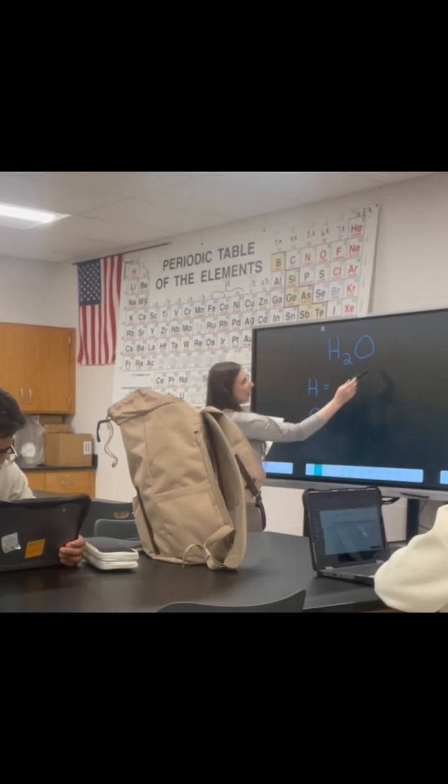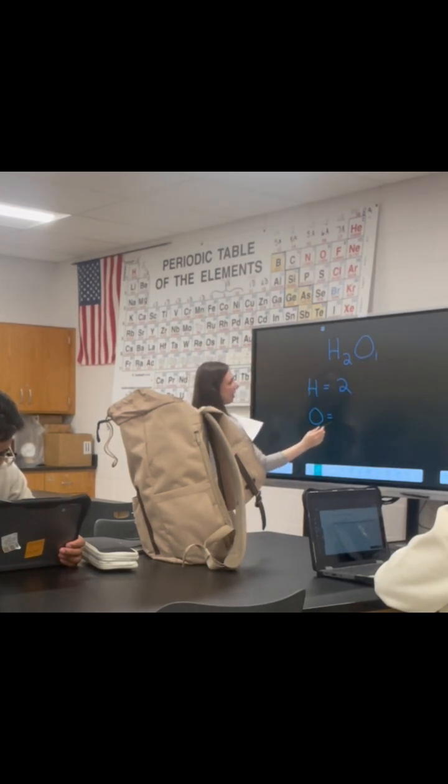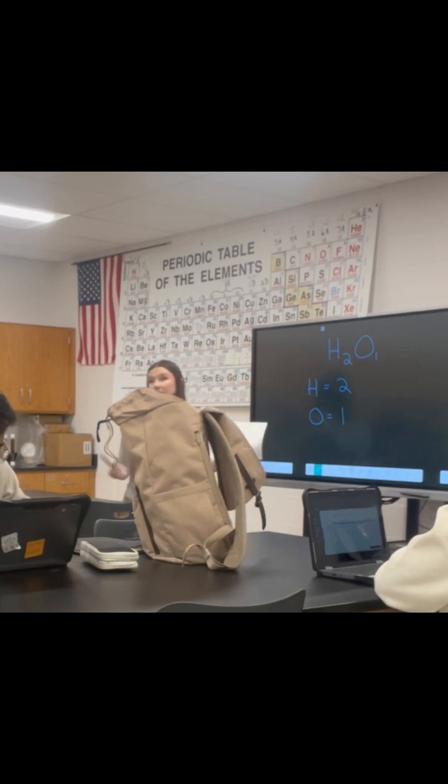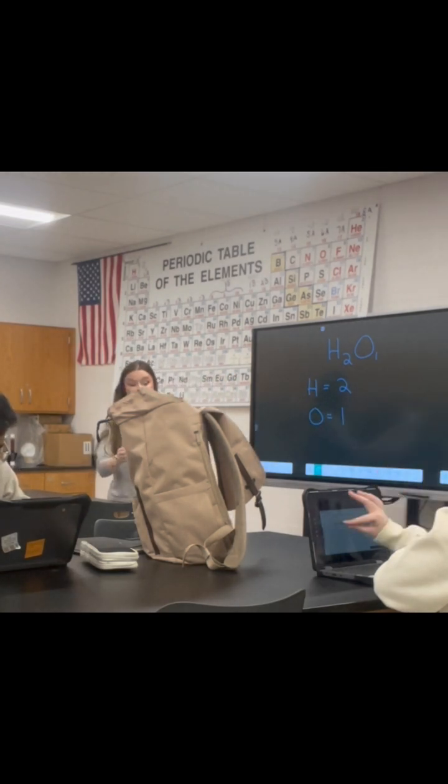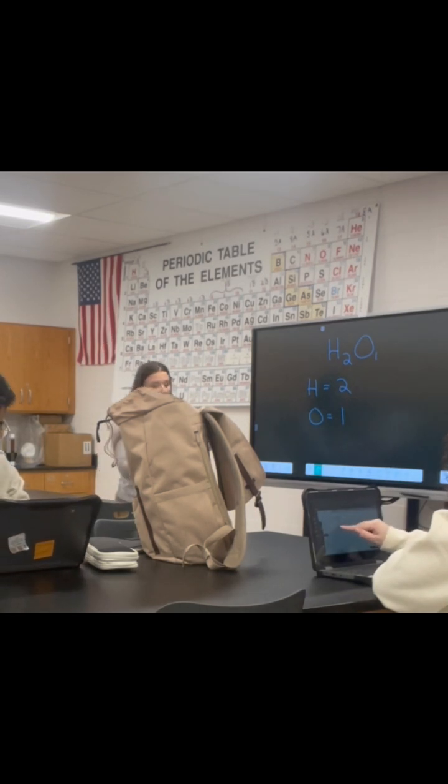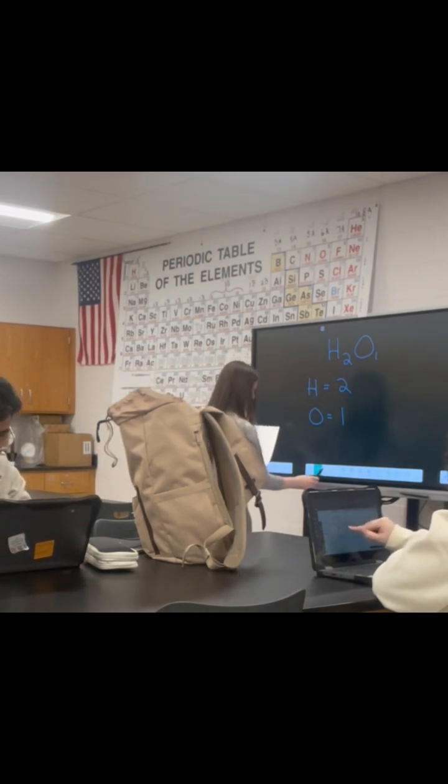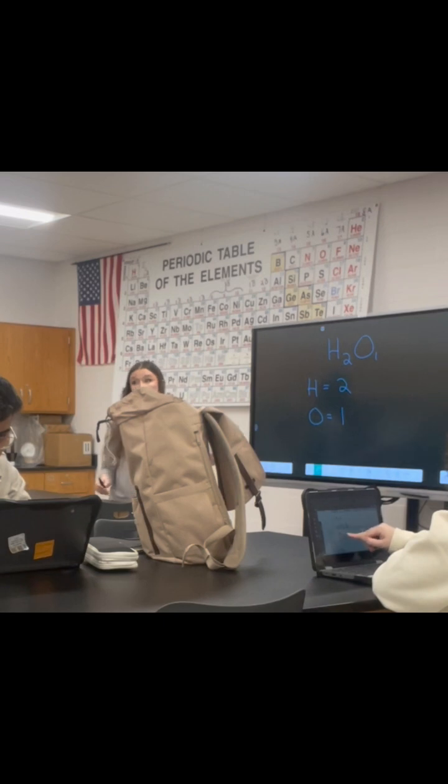If there's no number there, it's a 1. So there's 2 hydrogens and 1 oxygen. That's all I want you to do for all of these. Yeah, it's easy. So real quick, I'll go over a slightly harder one. Did everyone get number 1 written down now? It's just H is 2, O is 1.